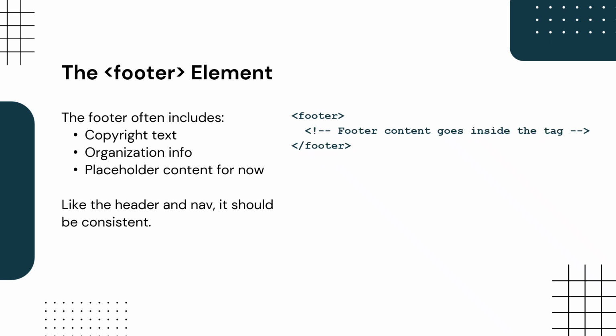Lastly, the footer element usually contains secondary information like copyright text or organizational details, and a simple placeholder at this stage is fine. Like the header and the navigation, the footer should be consistent across all your pages.